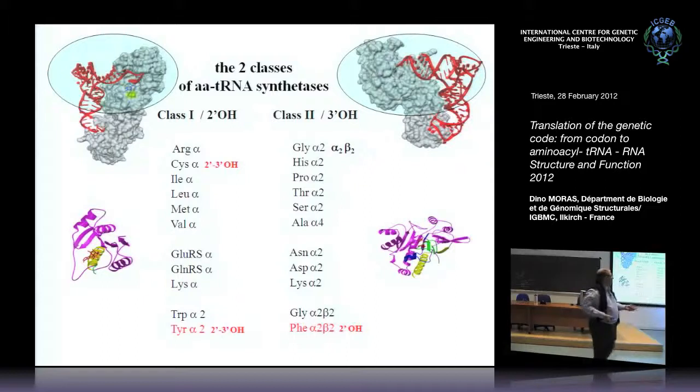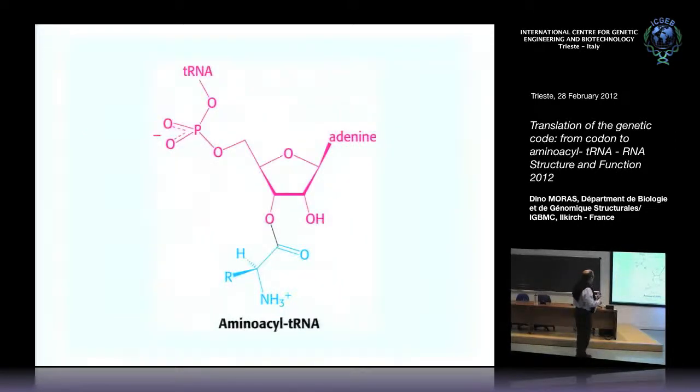You say, well, that's a detail. I mean, what is he talking about? Just 2', 3'. In life, chirality and asymmetry is essential. If you have a chiral center, this is a chiral center, this is another one.